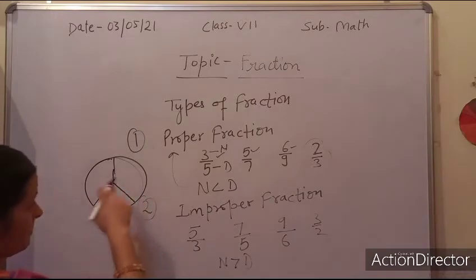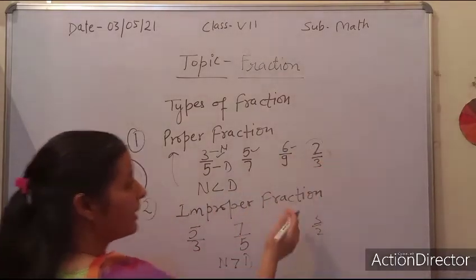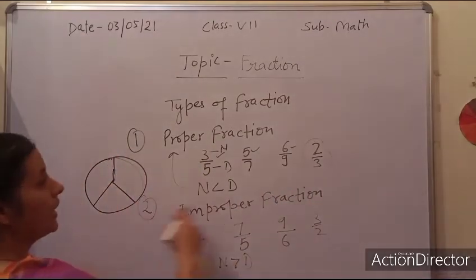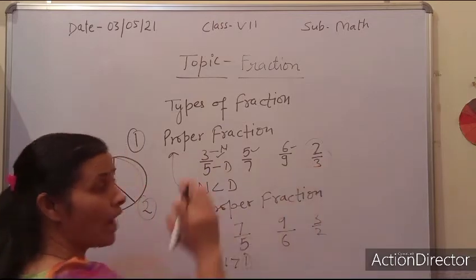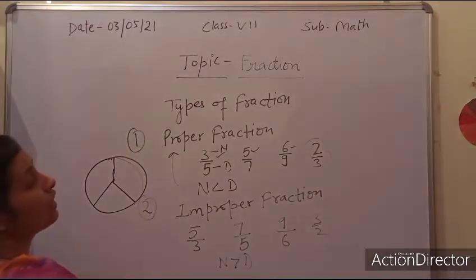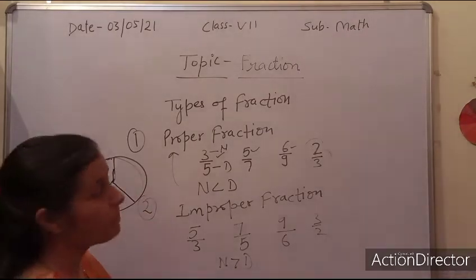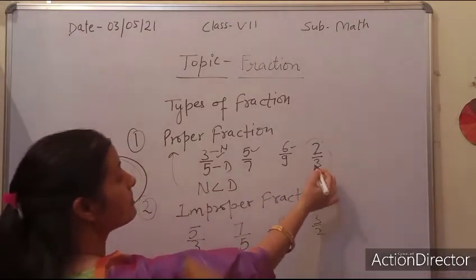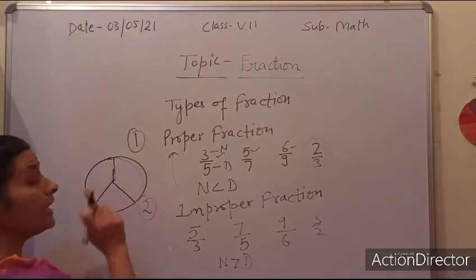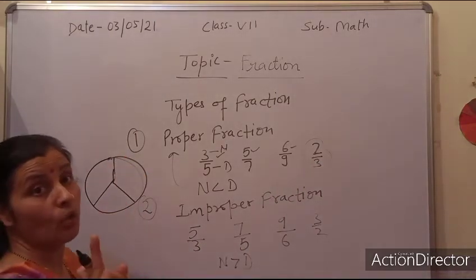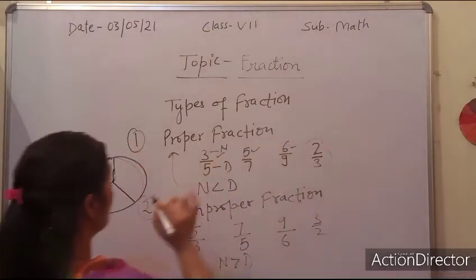Okay, I have divided. Now, the denominator means divide the unit into the number of parts shown in the denominator. You have to divide that object, or whatever is given. I am taking the example of a chapati. So the denominator 3 represents that I have to divide this chapati into 3 equal parts, but I can take only 2 parts.